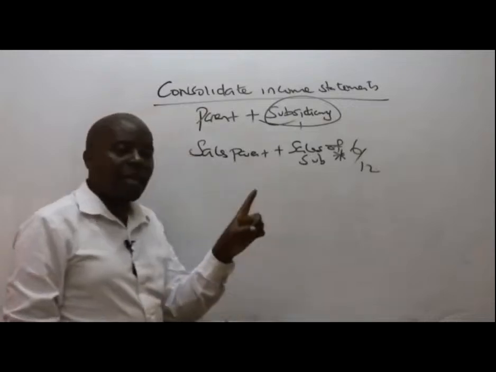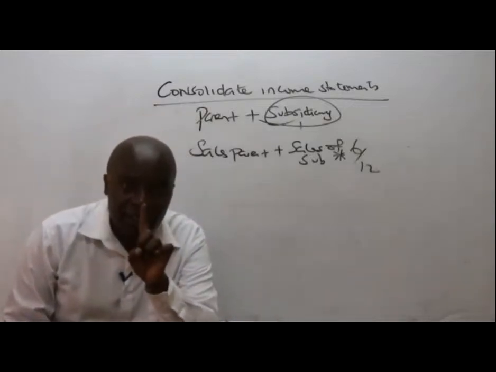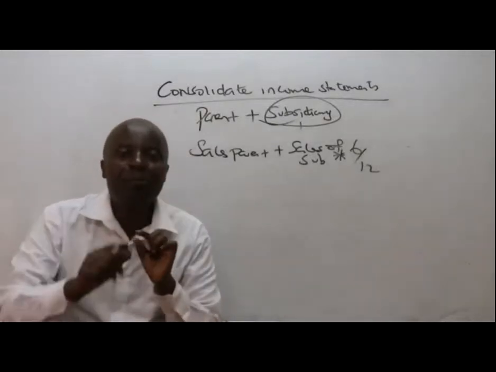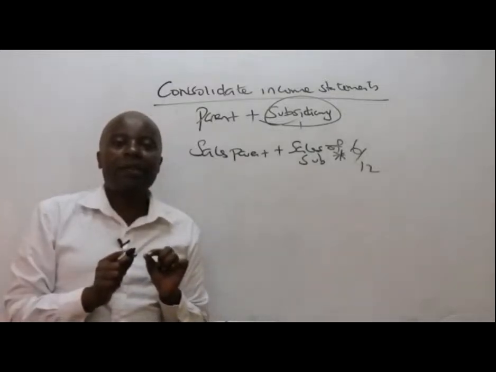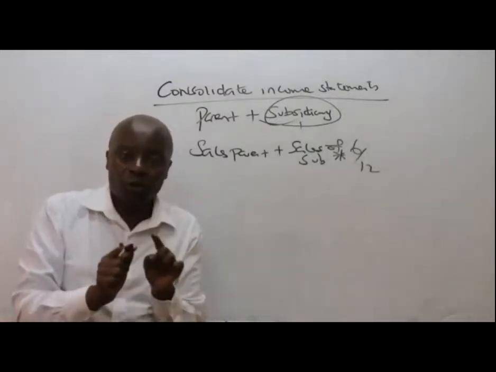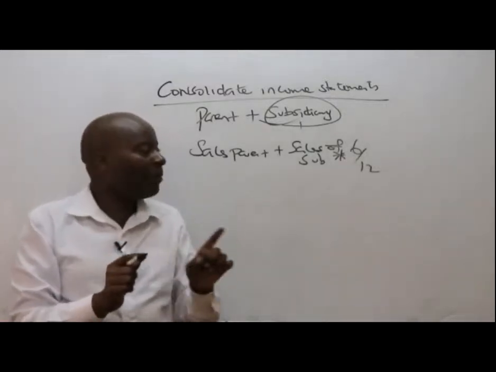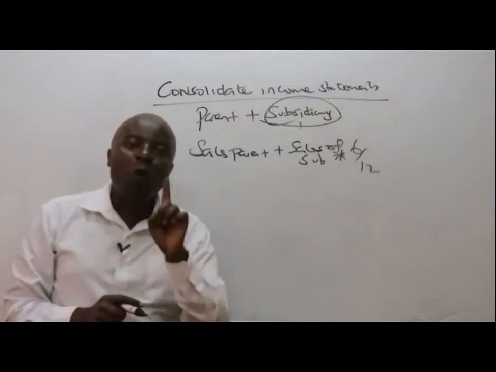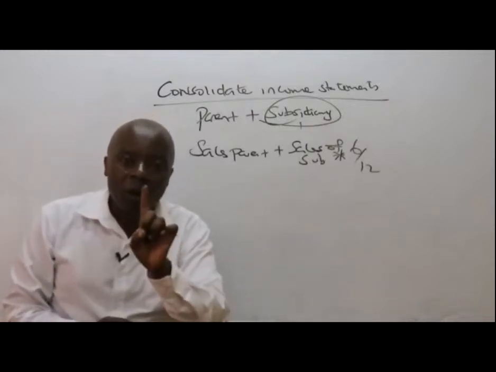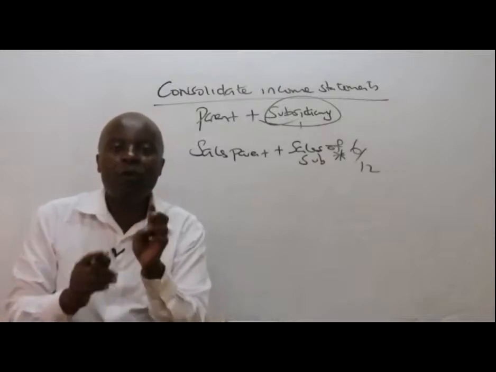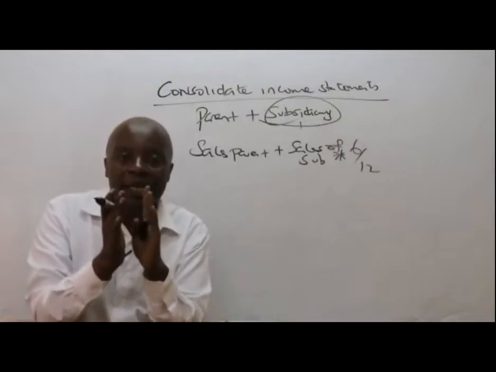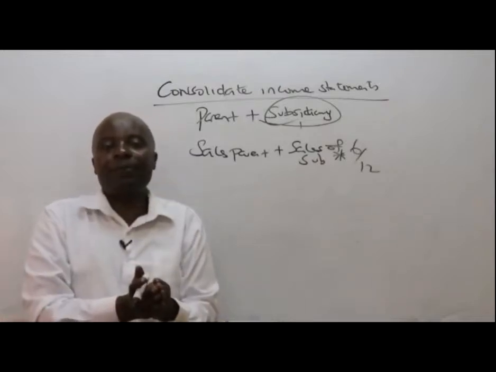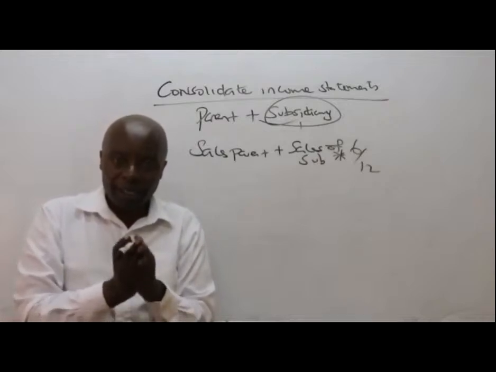So the subsidiary's figures must be time apportioned. But remember, time apportionment is only applicable whenever we held a subsidiary for fewer than 12 months in the reporting period.